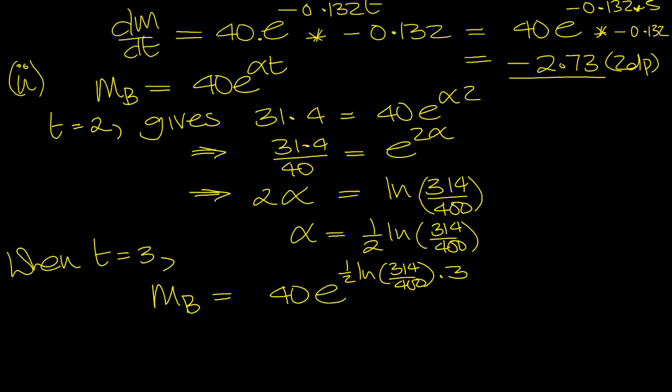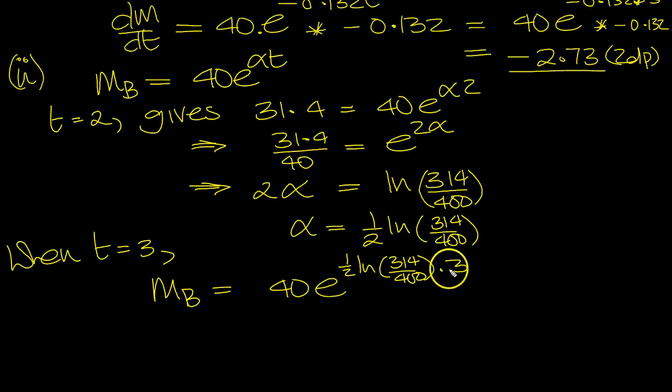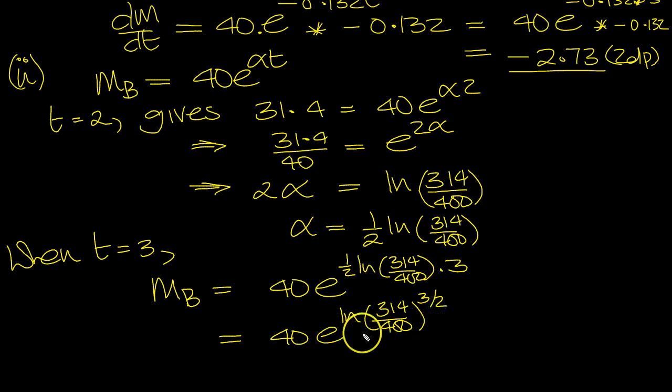So what have we got here then? Because t was 3, wasn't it? So we put 3 in there. So mass of B will be 40 e, and this would be ln, and 3 over 2 lots of log will be 314 over 400 to the power 3 over 2, won't it? Using properties of logs. Now we've got an e and a logarithm, so they cancel each other out. So it's 40 times 314 over 400 to the 3 over 2.